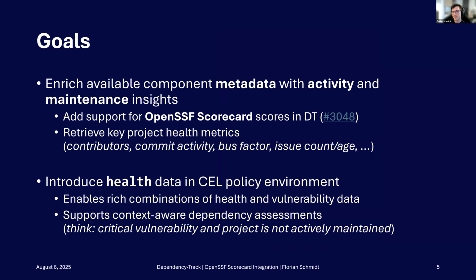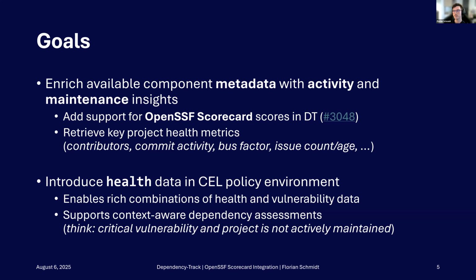Breaking down these high-level goals, what we want to do with this integration basically is, first of all, we want to enrich the component metadata that is available in the system with more insights on development activity and maintenance of projects by, first of all, supporting OpenSSF Scorecard. So that is a cornerstone issue that has been open in GitHub issue 3048 if you want to read further discussions about that. So we want to solve that.